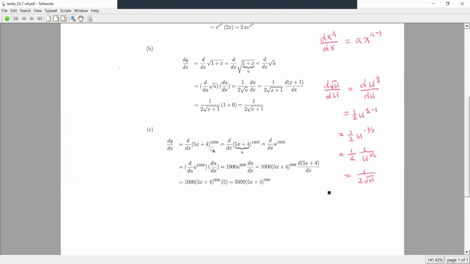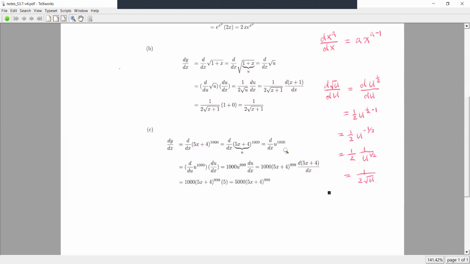The power is large. I want to simplify this function. So I introduce an intermediate variable, u. I let u be 5x plus 4. Then the function is u to 1000.